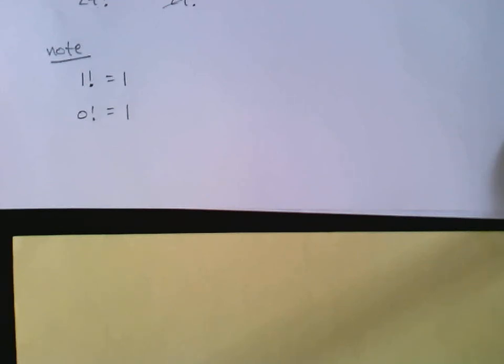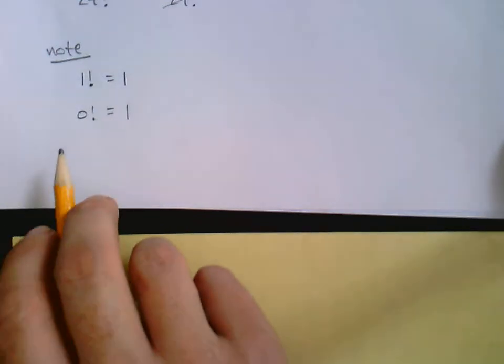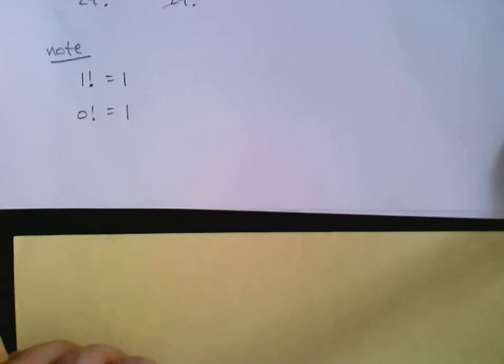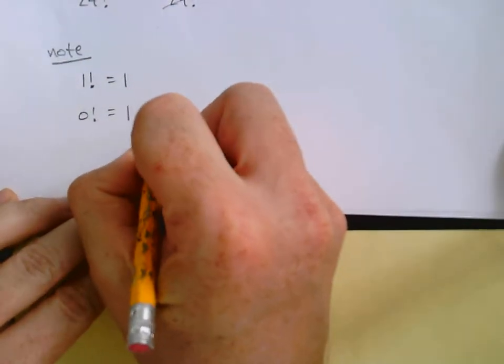Also, 0 factorial. Now, 0 factorial does not make sense because any factorial is always counting down to 1. You stop before you get to 0. However, we want to have an answer to 0 factorial, and so we say it just equals 1. This is a special case.